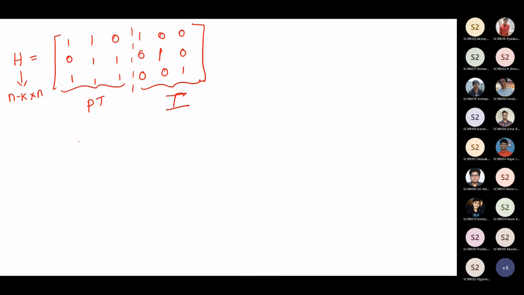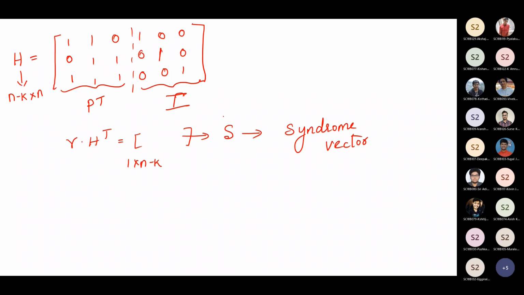Okay. So the first step we have to do is to check whether error has occurred or not. Multiply R with the H transpose and see the vector, this vector of 1 cross n minus k, we are calling it the S vector, that is the syndrome vector. First we are checking whether this syndrome vector is all 0 or not.